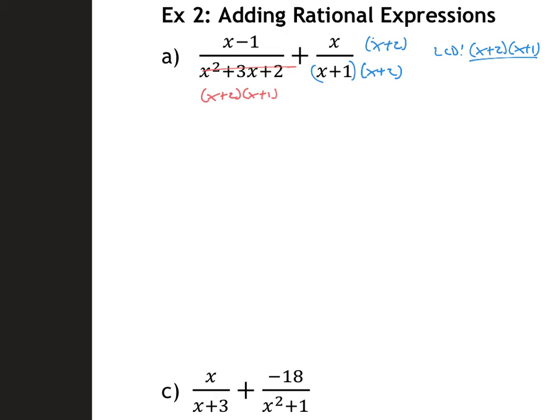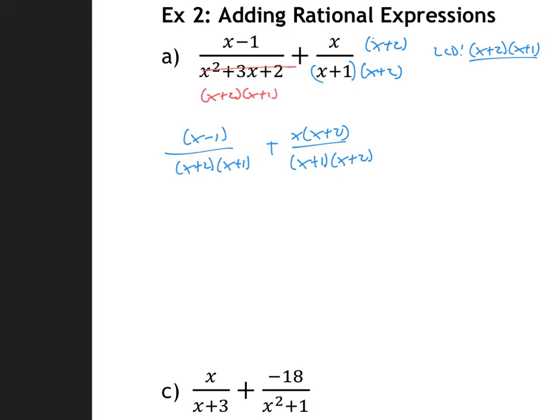So now what I have up top is x minus 1 over x plus 2 times x plus 1, plus x times x plus 2 over x plus 1 times x plus 2.